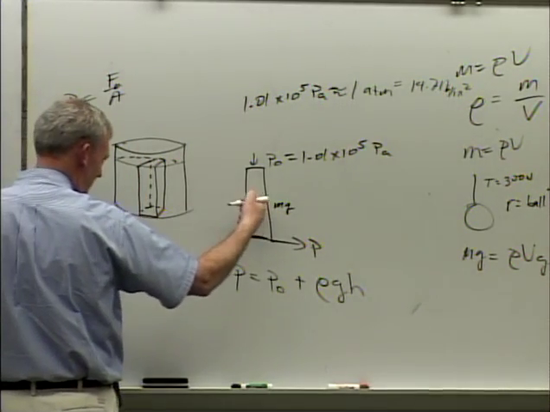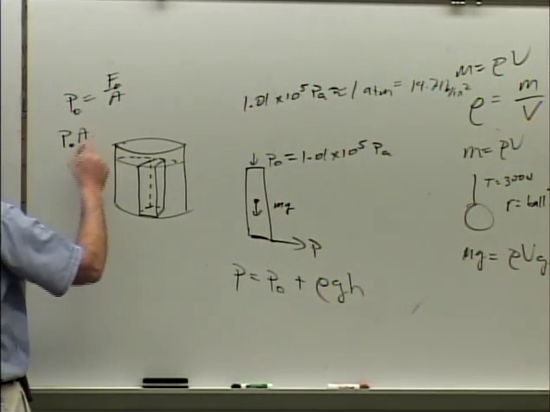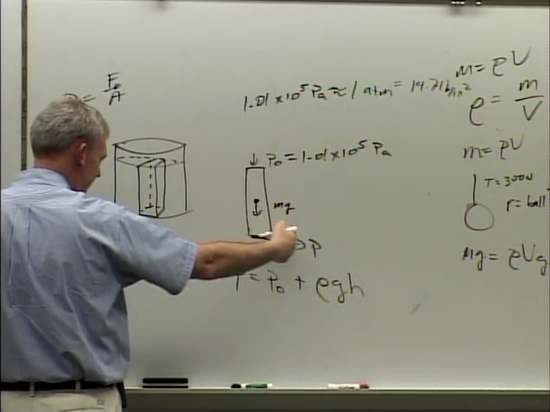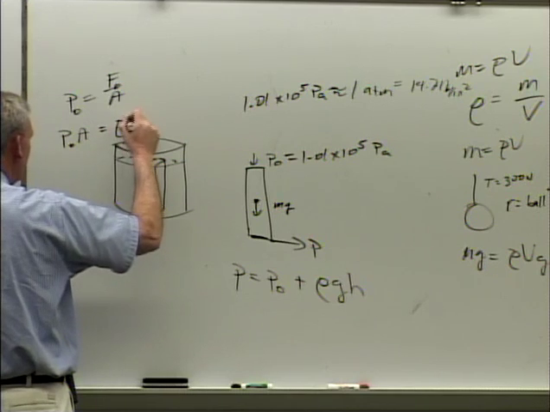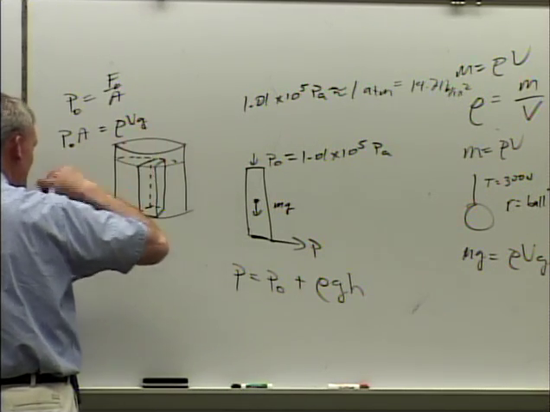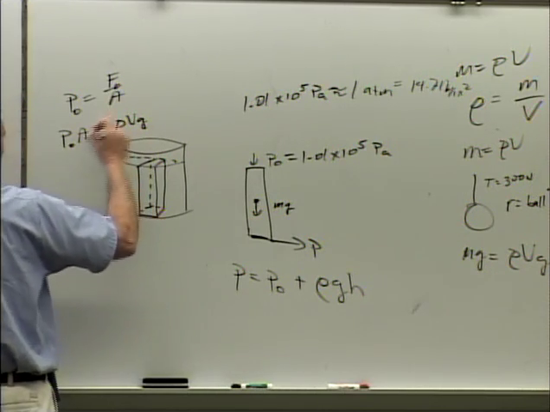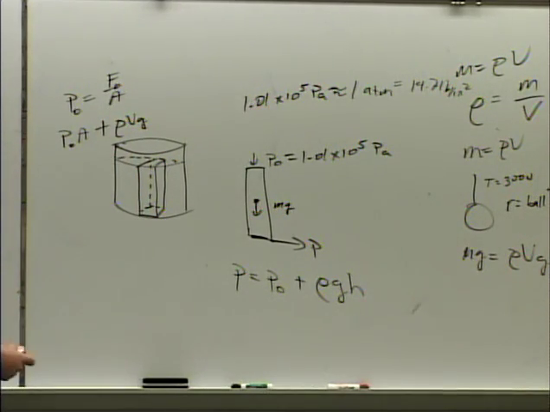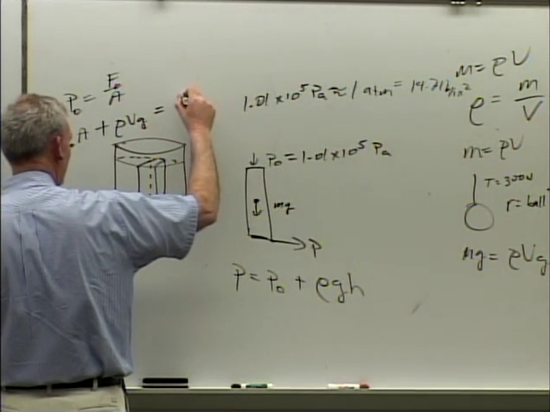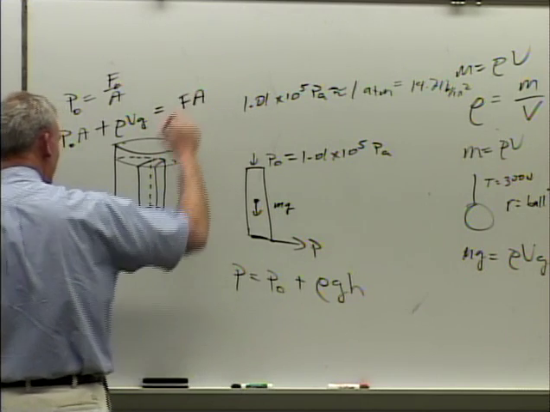The force caused by the mg would be rho V times g. Those two are added together and equal the final force times the area.